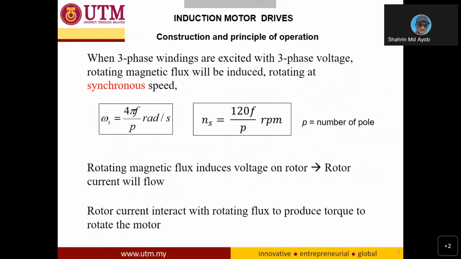Like a transformer, the flux linkage will induce voltage at the secondary. When there is voltage and the rotor terminals are short circuited, there is current. That is why we call it an induction motor, because the rotor rotation is because of the induction from the rotating magnetic flux. In the video it was already shown.